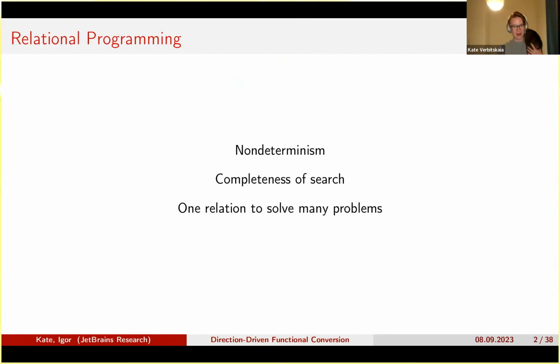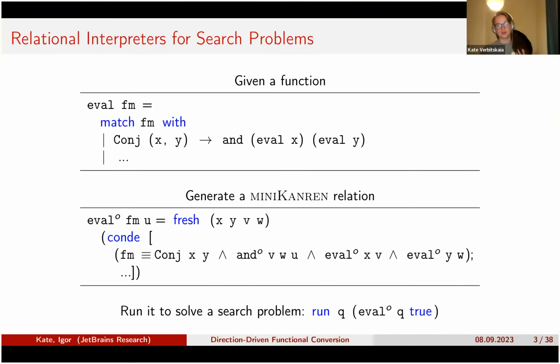So we all love relational programming because it allows us to express non-determinism. It also guarantees us completeness of search. But what's more important for me, at least, is that one relation allows us to solve many problems. This is used in this idea of using relational interpreters for search problems. Usually you either already have a relational interpreter which you run to solve a greater problem, or you can even translate a function.